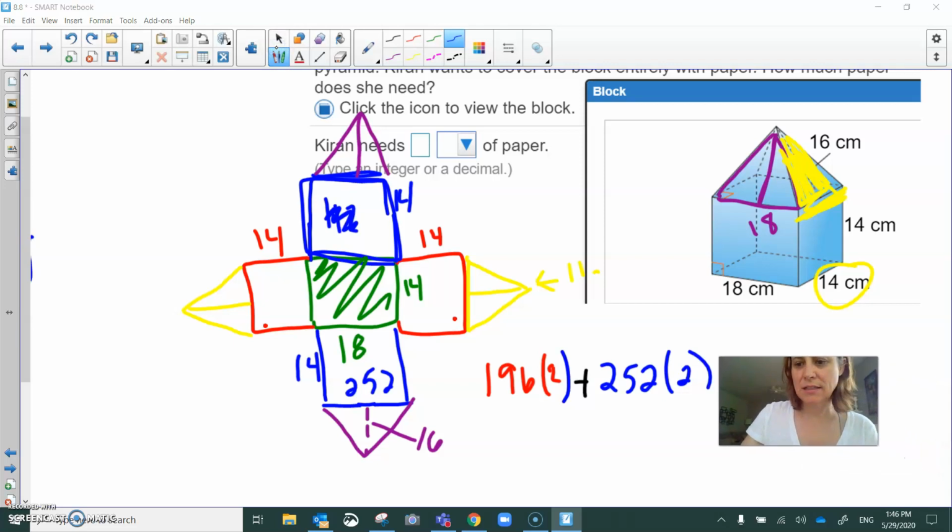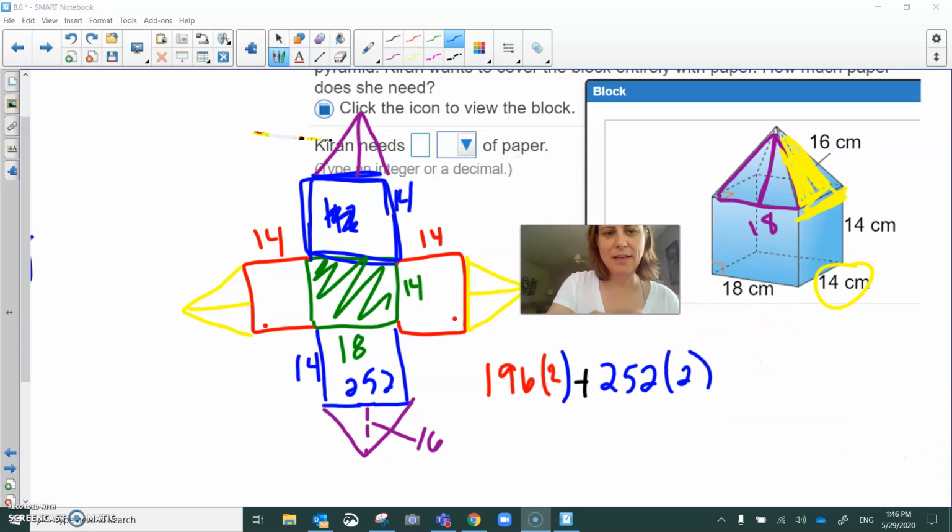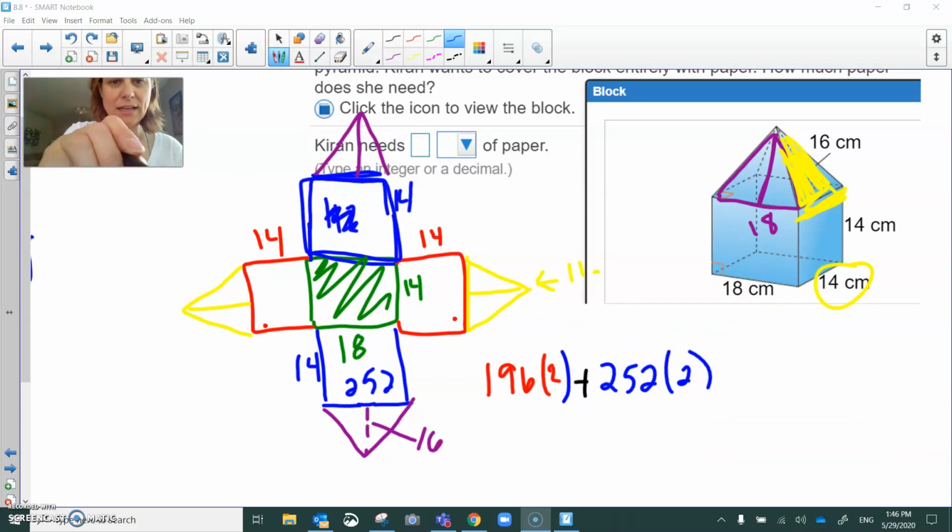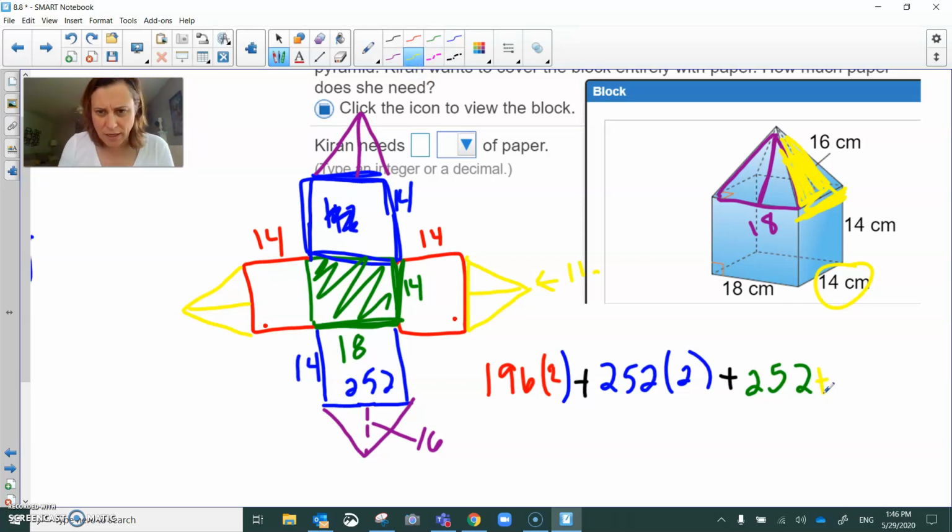And then we've got the green guy. The green guy is 14 times 18, also 252, and there's only one of them. And the yellow guys are 16 tall and 14 long.